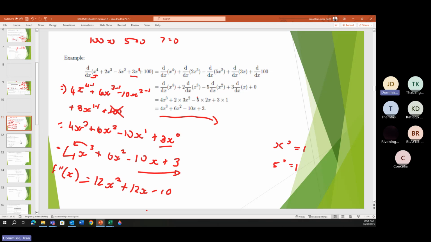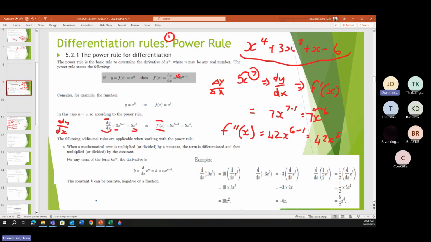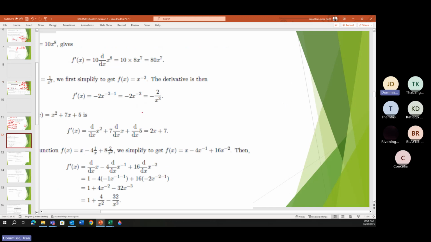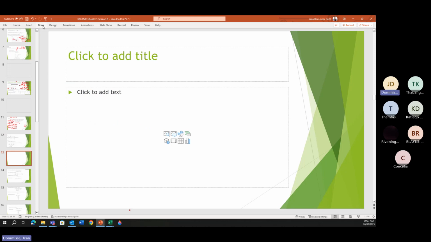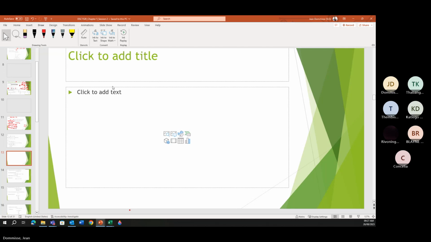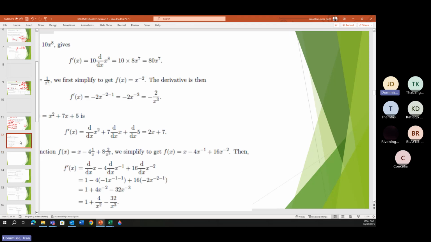Okay, so let's go into another one. You guys will also see this, and it's still part of the power rule. So let me put in a new slide. I'm going to write down the formula that we need to differentiate, and then we can work through it.